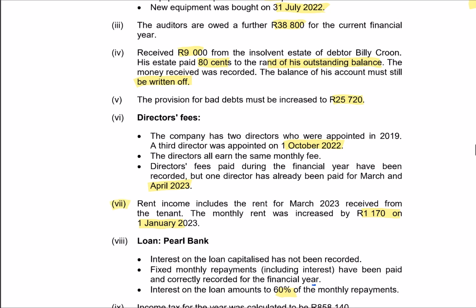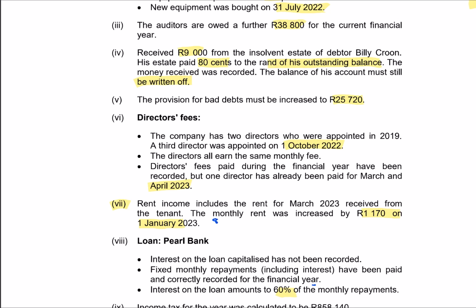Rent income includes the rent for March 2023 received from the tenant. The monthly rent was increased by 1,170. So what we need to do is calculate how much the rent was before the increase.